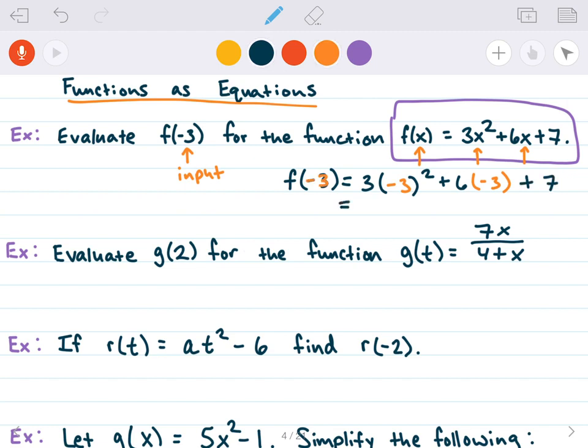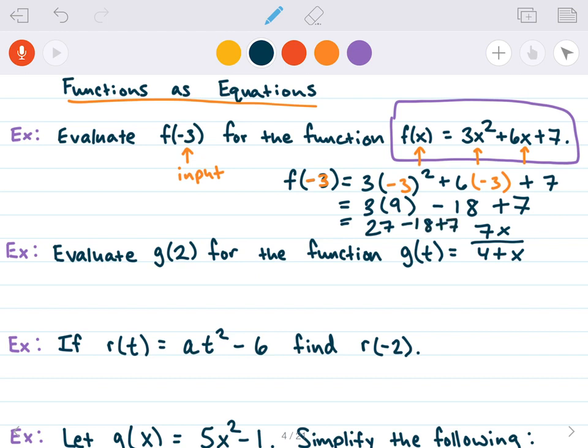So on the right side, if I do PEMDAS, -3 squared is 9. So what I end up getting is 3 times 9. 6 and -3 multiplied is -18 plus 7. And so I end up getting 27 minus 18 plus 7.